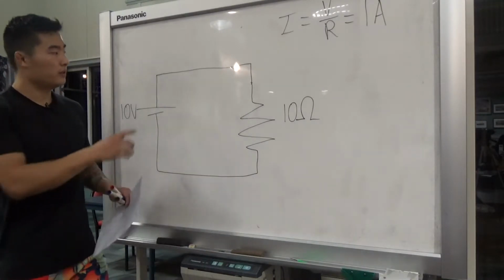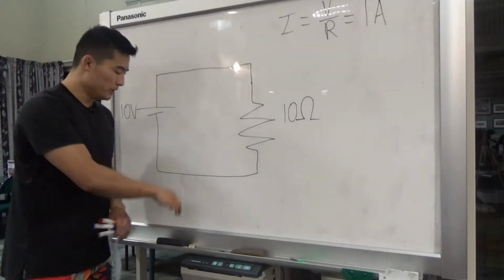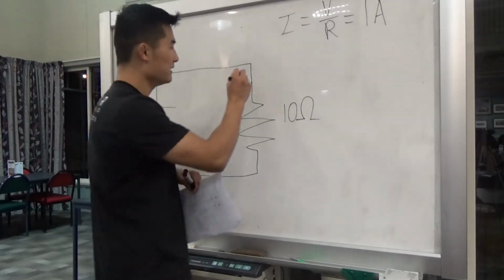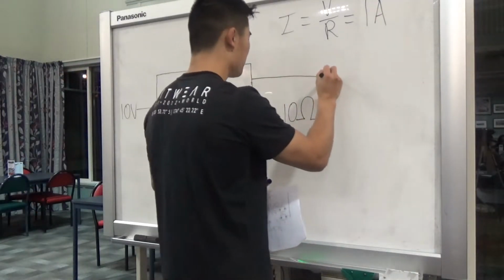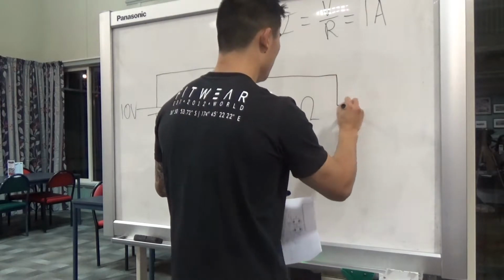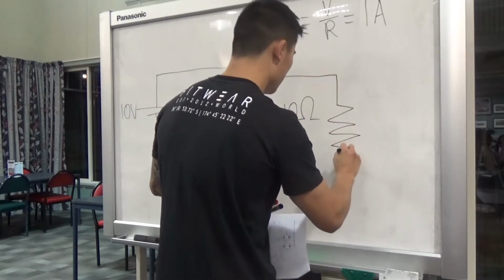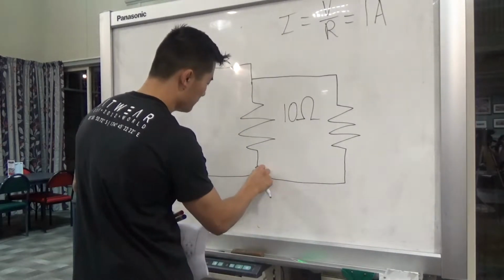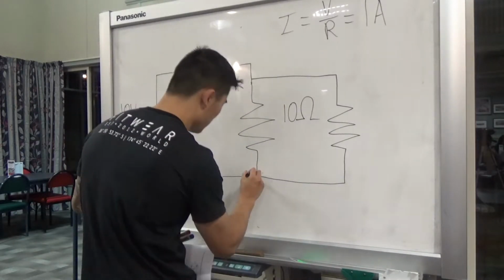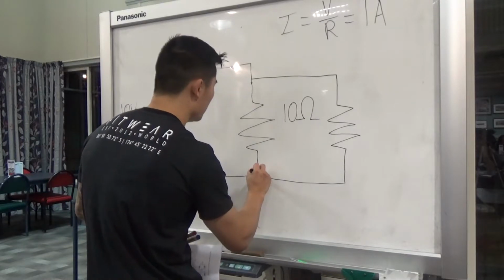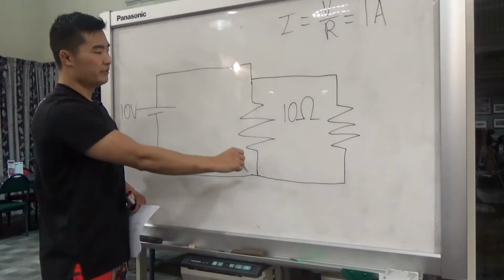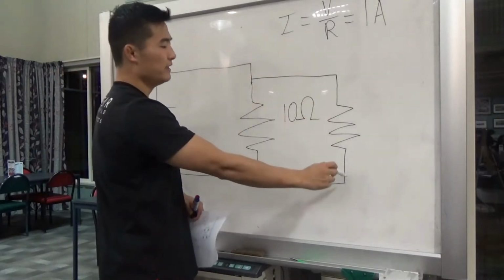Now, what would happen if you now added another resistor in parallel? So now we're adding another resistor in parallel. So now the charge can either go through this one or go through this one.